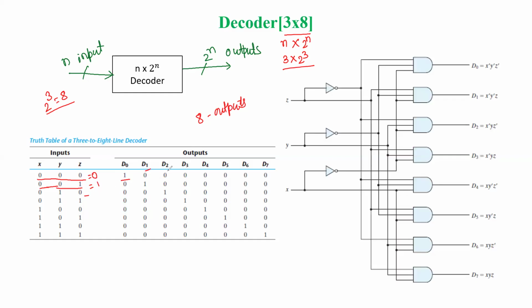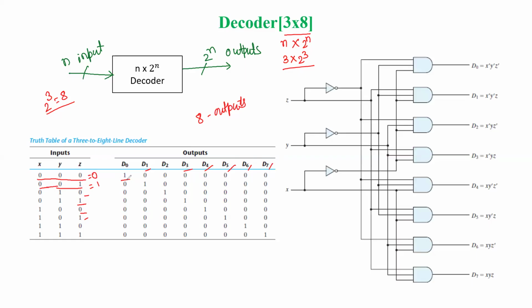Similarly 2, so D2 is 1. This is 3, so D3 is 1. Then we have 100, that combination is 4, so D4 is 1. And 101 is 5, so D5 is 1. 110, D6 is 1. 111 is 7, so D7 is 1. So at a time only one output is high, remaining are 0.